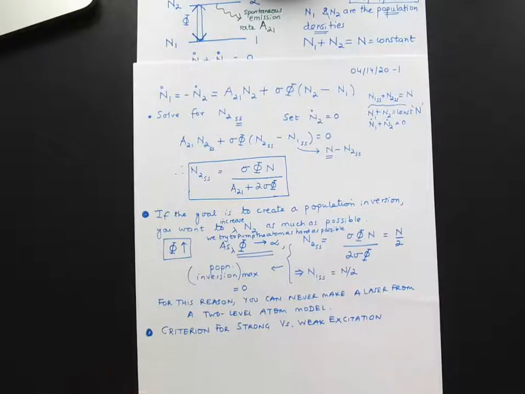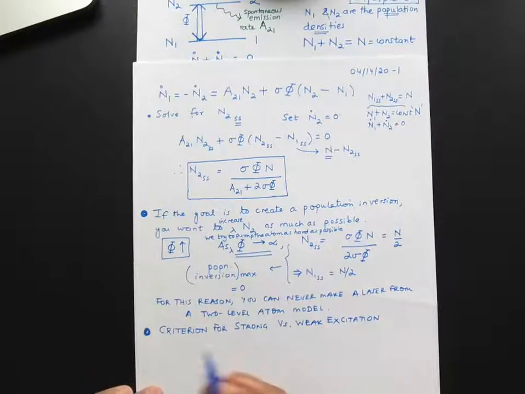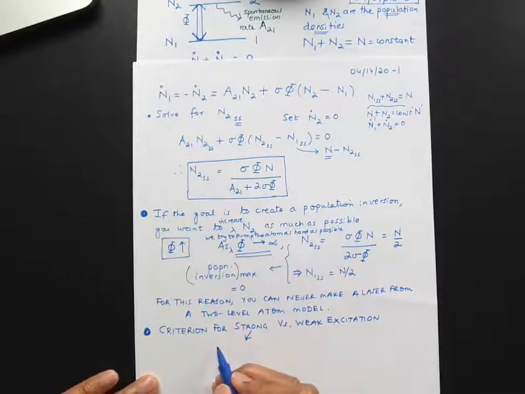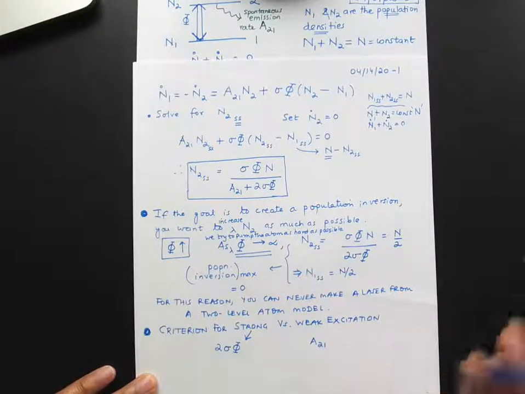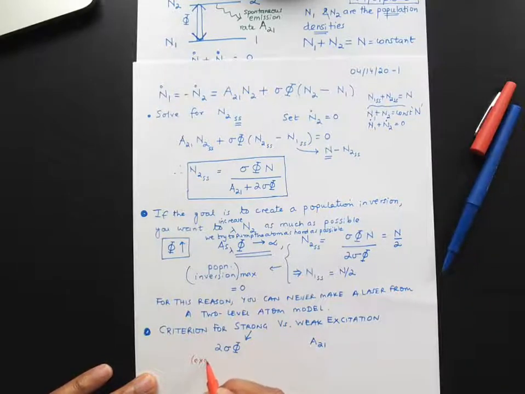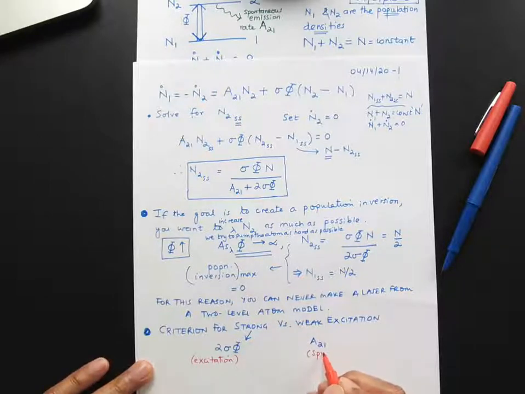Because this tells me that strong excitation means that your 2 sigma phi is, the criterion is established by comparing 2 sigma phi versus the A21. Just remember that this is your excitation or pump rate, and this is the spontaneous emission.